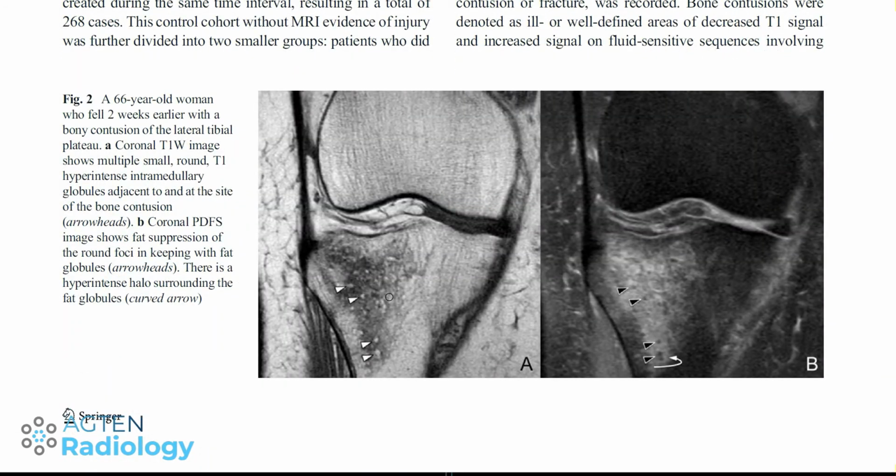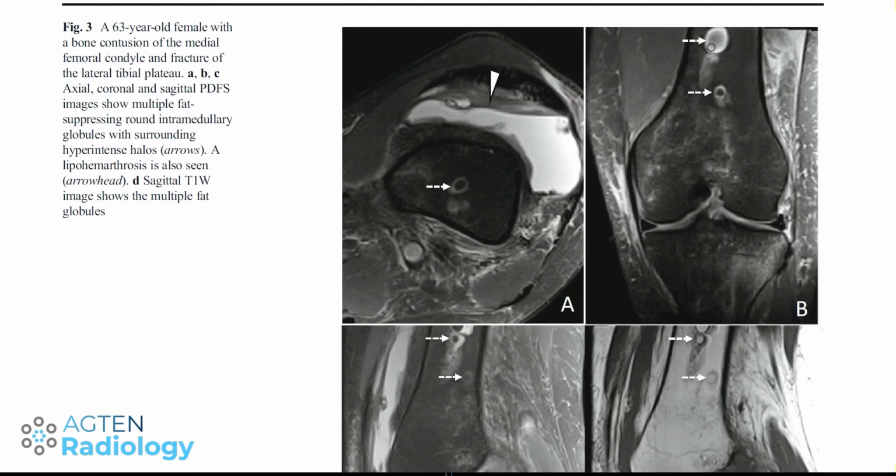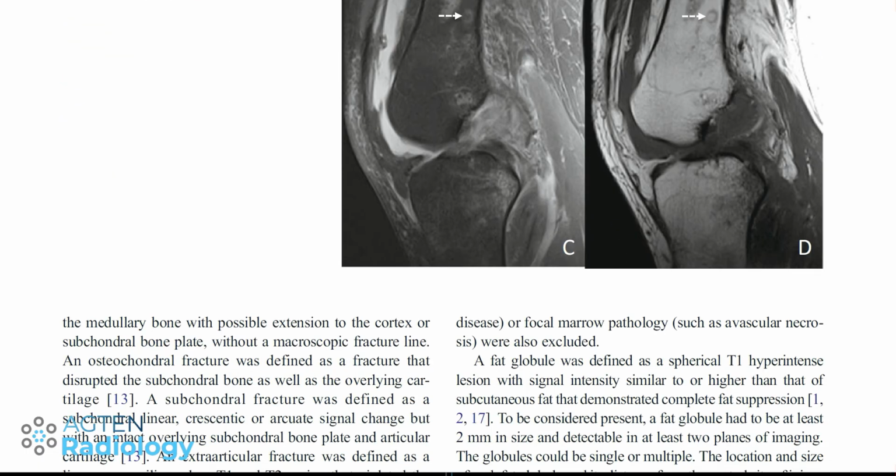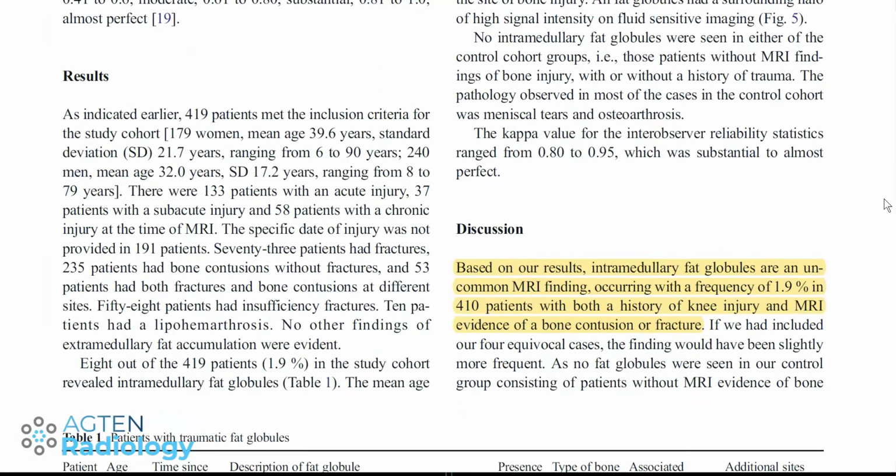Here, a lot of tiny little fat globules that have been released, very nice. Also very interesting, and they say this in the paper, is that these fat globules can be quite distant from the site of trauma, at the level of the knee, even up to 6 centimeters in that study. Very interesting to keep in mind.